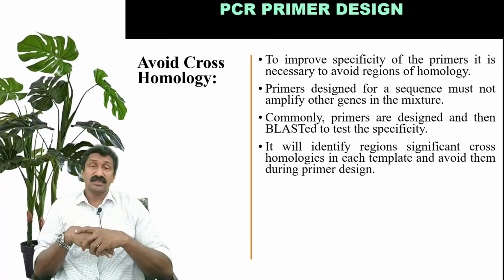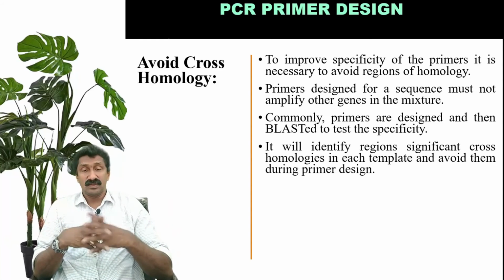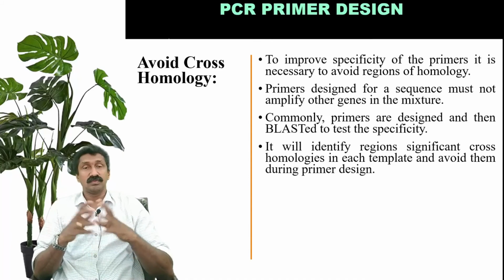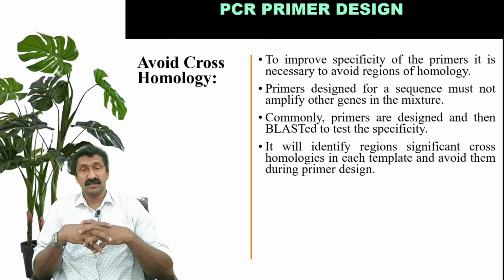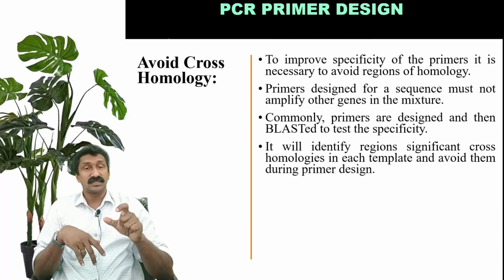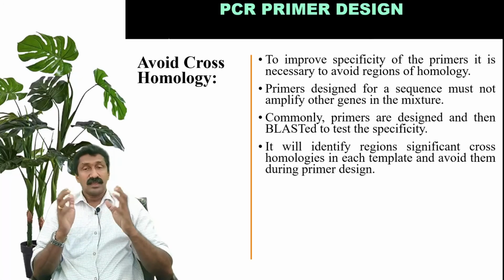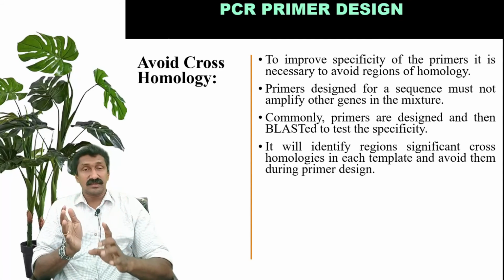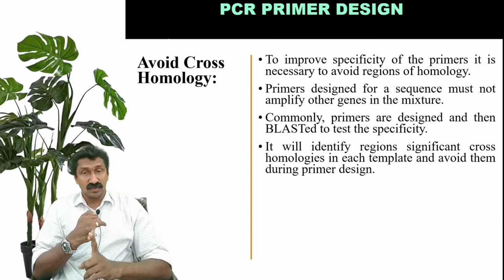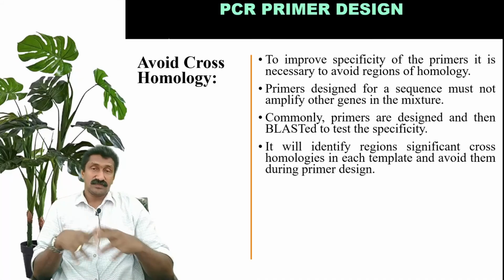And if that primer has some non-specific binding sites in the same chromosome or some other DNA, then you can say that this is not a specific primer. So after designing the primers, you need to blast the primer against database sequences to ensure that your primer is specifically binding and amplifying only the target and not other sequences present in the database. It will identify significant cross homologies in each template and avoid them during the primer design.